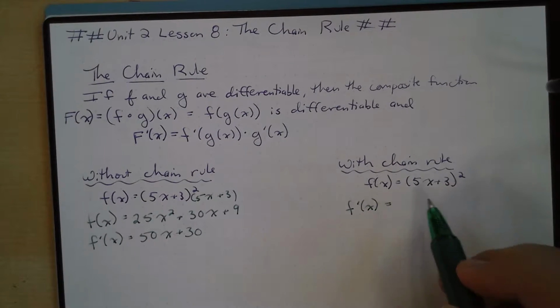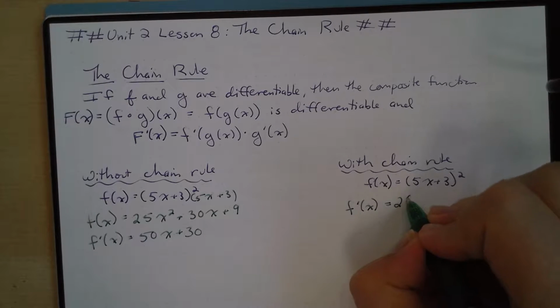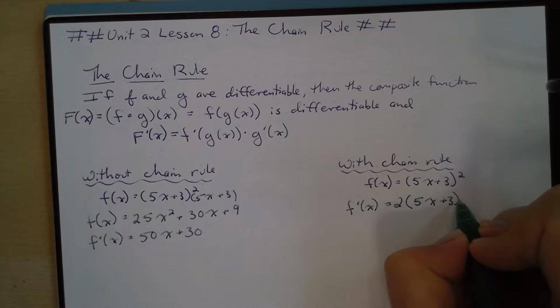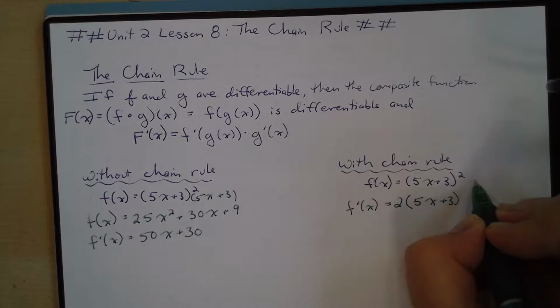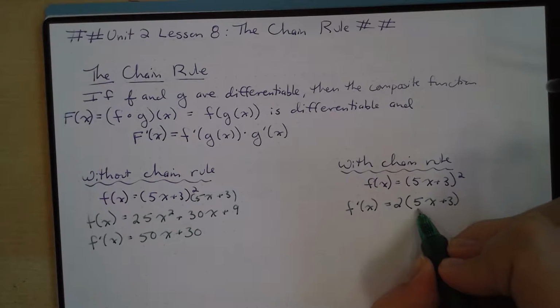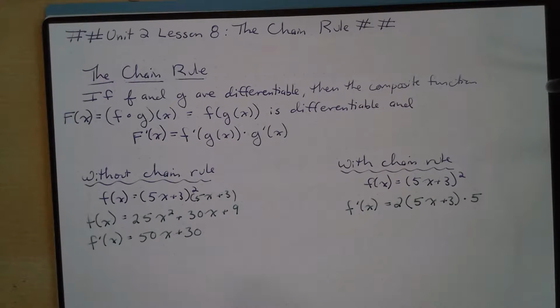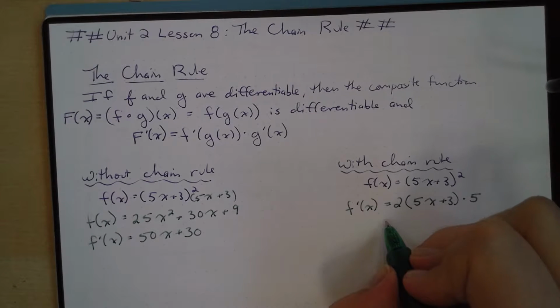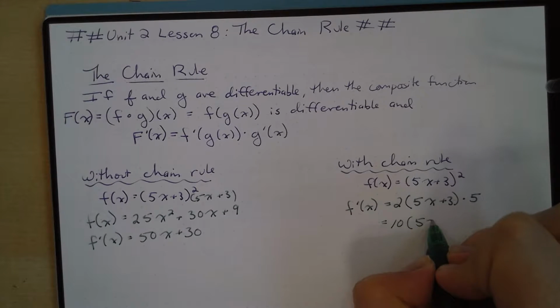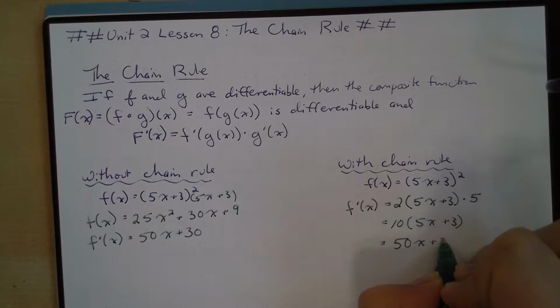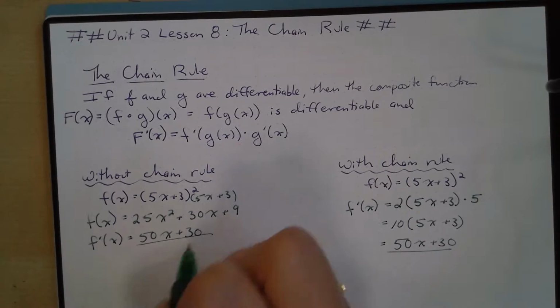I'm going to pull this 2 in front, so I'm going to have 2 times what's inside the parentheses, 5x plus 3 to the n minus 1 power, so that's just the first power, times the derivative of what's inside, which is 5. So now I have 2 times 5 is 10 times 5x plus 3, which is equal to 50x plus 30. I got the exact same answer.